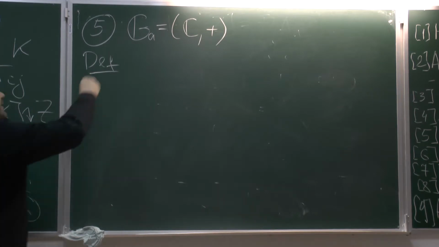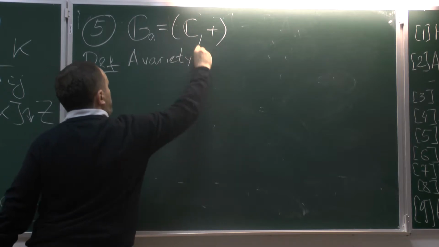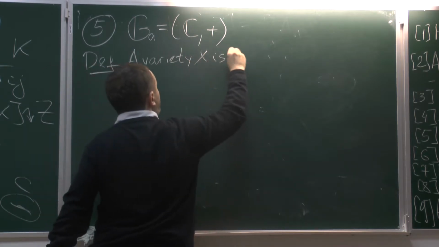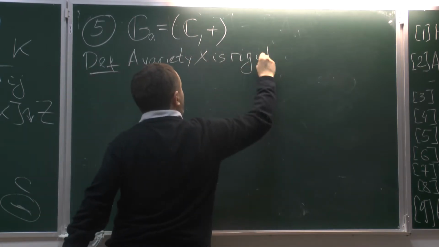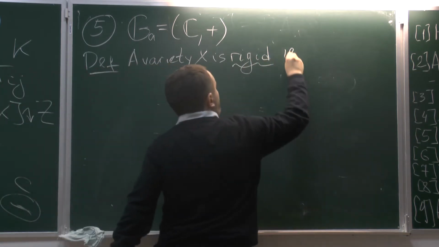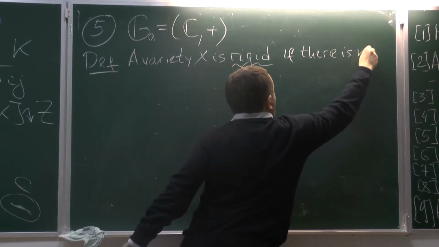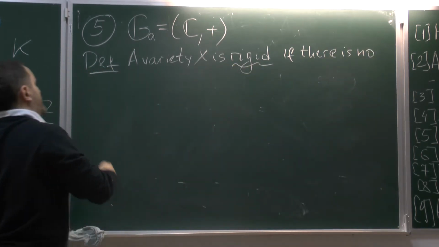An algebraic variety X is rigid if there is no non-trivial G_a actions on X.